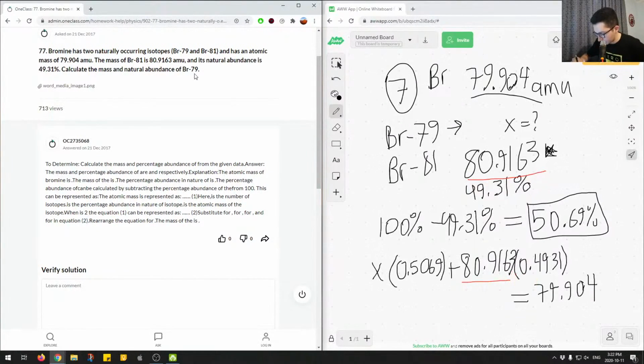And we have 49.31, which we put in decimal form over here, and 50.69, which we put in decimal notation. So let's go back over here. I'm going to erase some space up top to do this calculation.